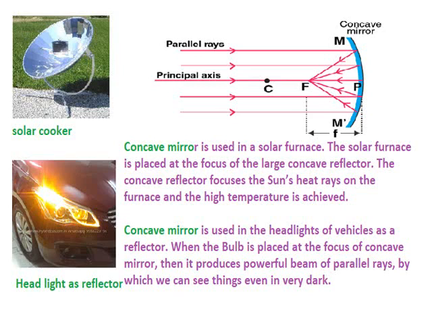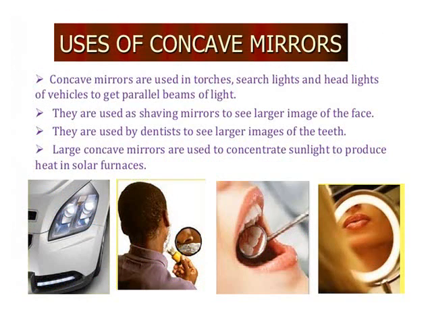So this is also an important question as far as the CBSE exams are concerned. Now let us pass on to the uses of concave mirror. Concave mirrors are used in torches, searchlight and LED headlights of vehicles to get parallel beams of light.